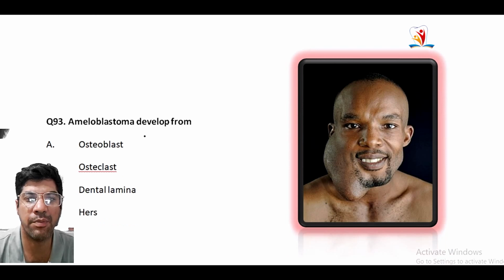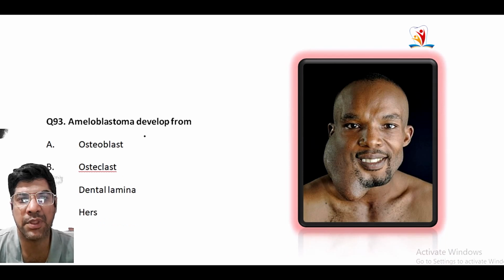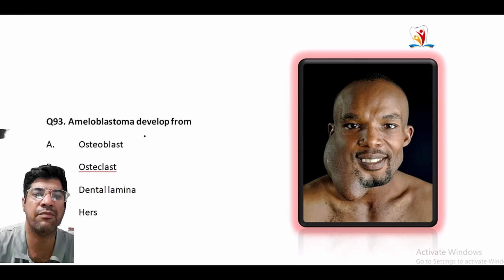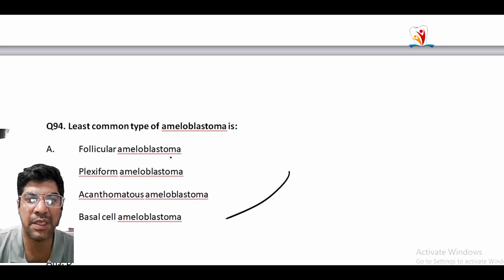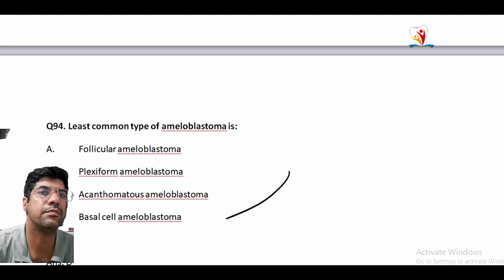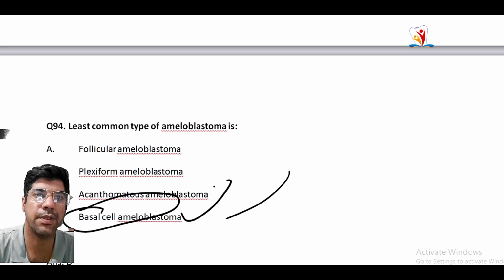Ameloblastoma develops from the dental lamina. So that is the group of cells that are involved in tooth development. The least common type of ameloblastoma is the basal cell ameloblastoma.